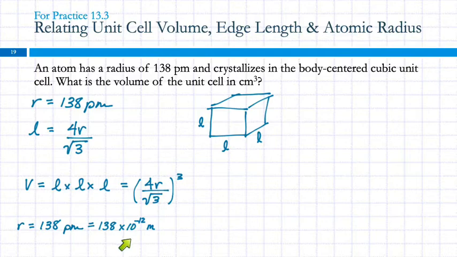Because 10 to the minus 12 is what pico stands for. And then if I want to convert this to centimeters, put centimeters on the top and meters on the bottom. 1 centimeter is 1 times 10 to the minus 2 meters. The meters cancel out.